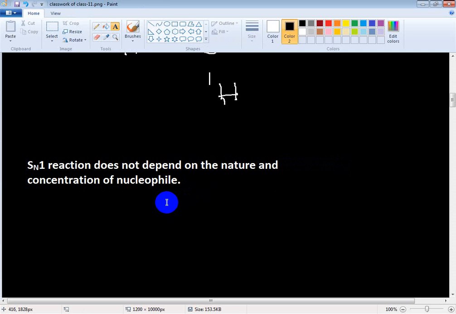Do you know why it does not depend on the nature and concentration of nucleophile? Can anyone answer this question? Because it has a rate determining step.